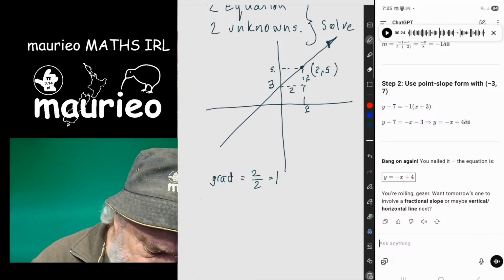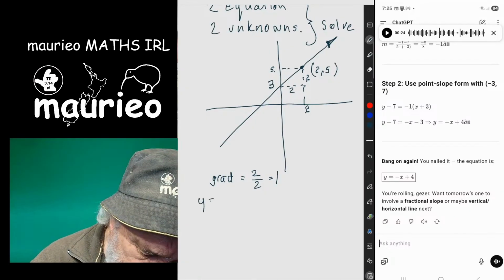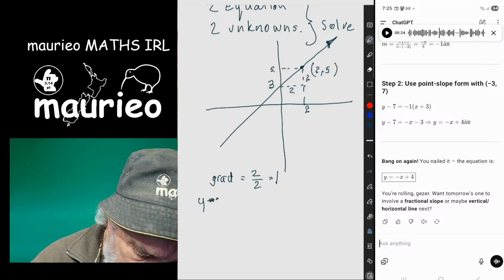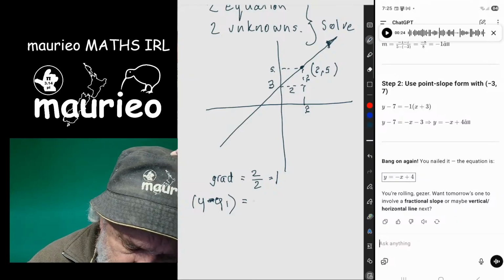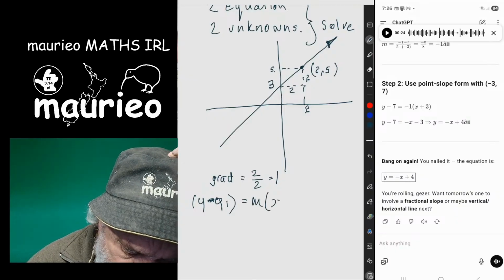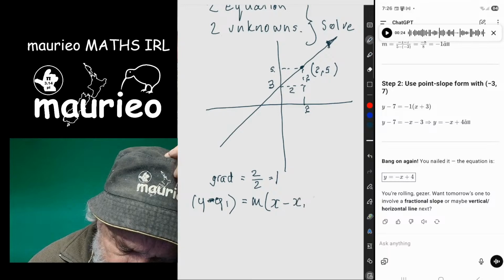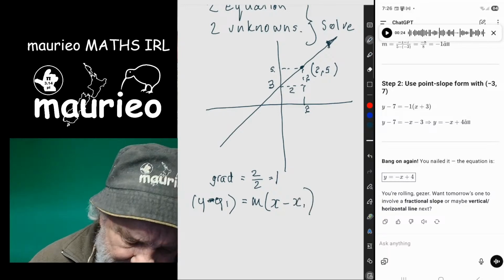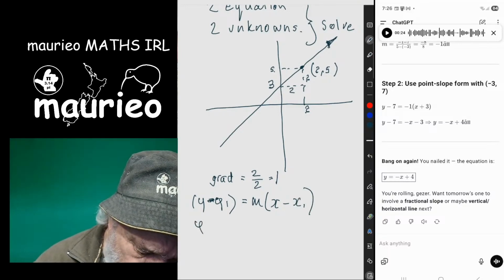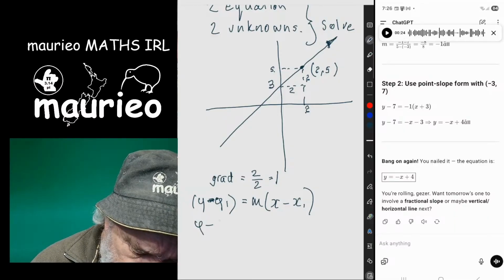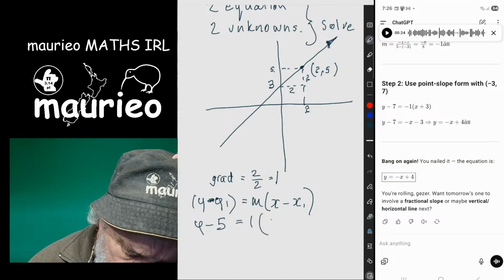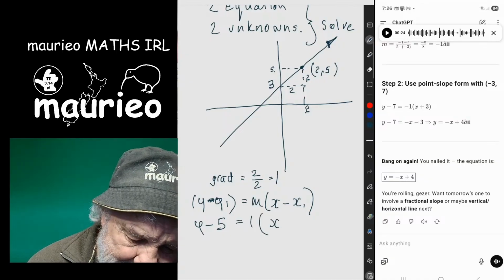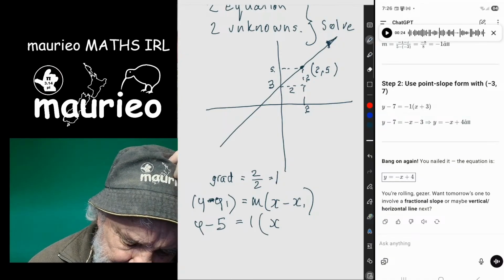We could say y minus y1 equals m times x minus x1. And then we can just use that point there. So we've got y minus 5 equals 1 times x minus 2.